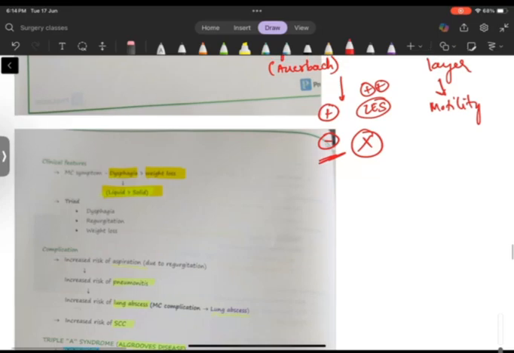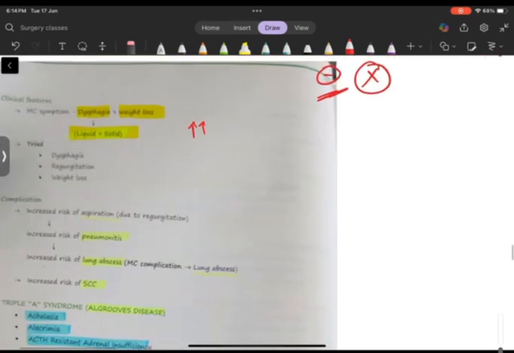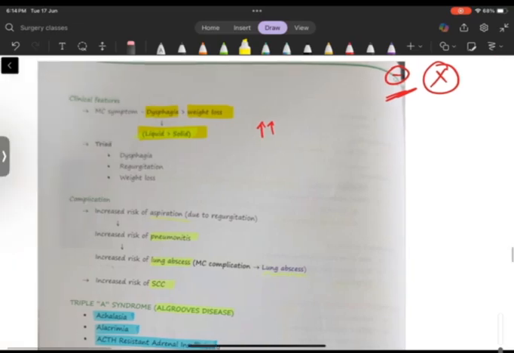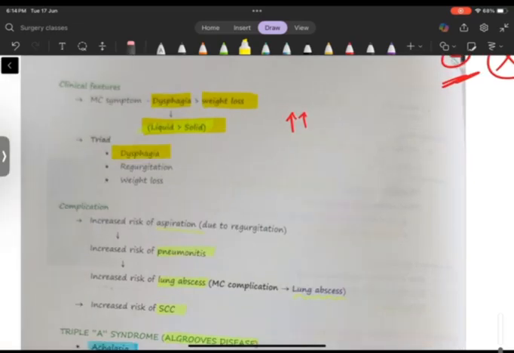Whenever he tries to drink, he will have more dysphagia compared to the food he is taking. So usually there is a triad of presentation of achalasia cardia: dysphagia, regurgitation, since the food is not getting into the stomach, it is getting regurgitated, and weight loss.